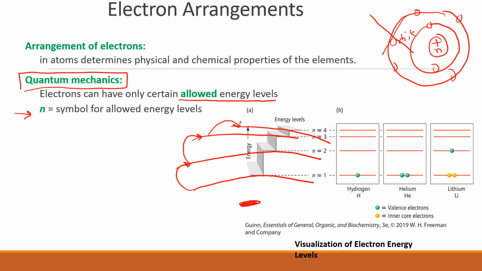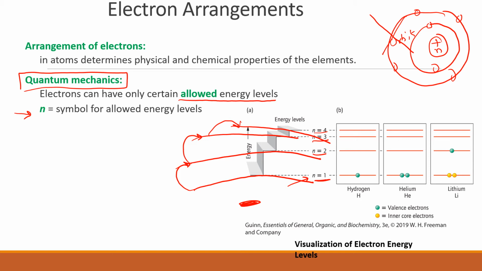Electron energy levels are identified by numbers. For example, n equals 1, 2, 3, and 4. The lowest number, which is n equals 1, is closest to the nucleus. Electrons are arranged in these energy levels. There are some rules which state how many electrons can be on any particular energy level.